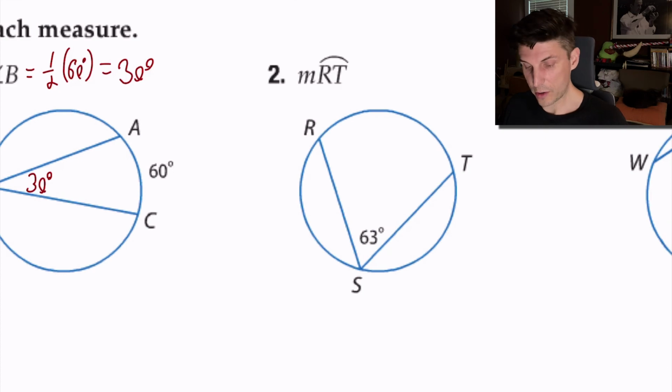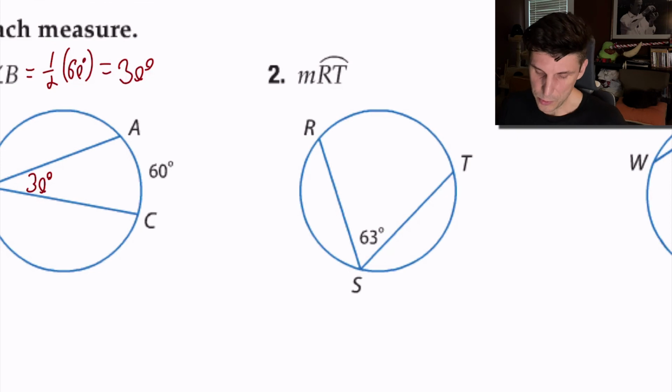Now, the measure of arc RT. We know that 1/2 of RT is equal to 63, since that's angle S there. So the arc measure must be double that.